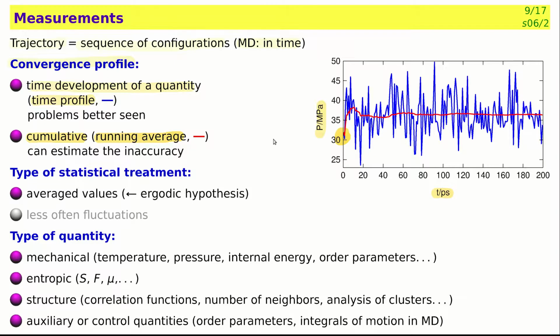The advantage of this running average or cumulative convergence profile is that you can observe convergence and determine, at least qualitatively, the inaccuracy, the statistical error of the average. But the disadvantage is that any problems in the system, that is, if it's far off equilibrium, are not so well seen.